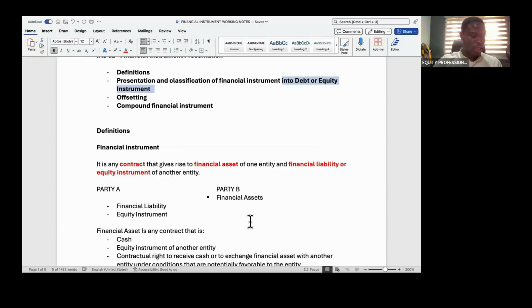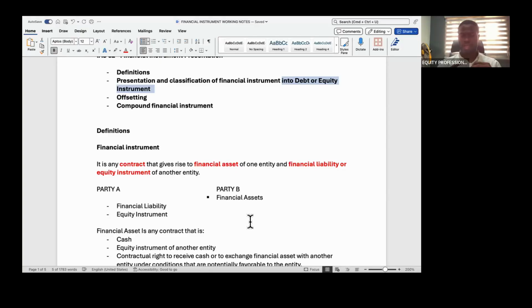And in looking at IAS 32, we started with the definition of what financial instrument is. And I told you that financial instrument is a contract or any contract that gives rise to financial asset of one entity and financial liability or equity instrument of another entity.